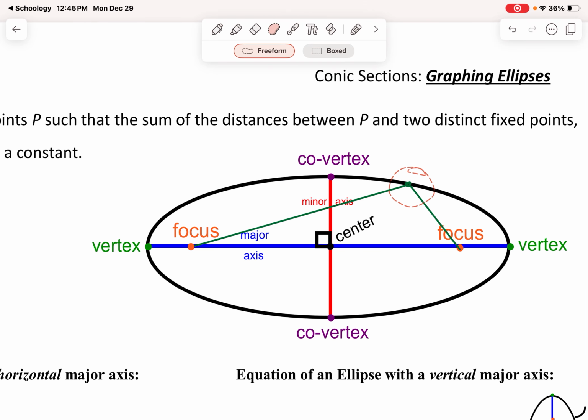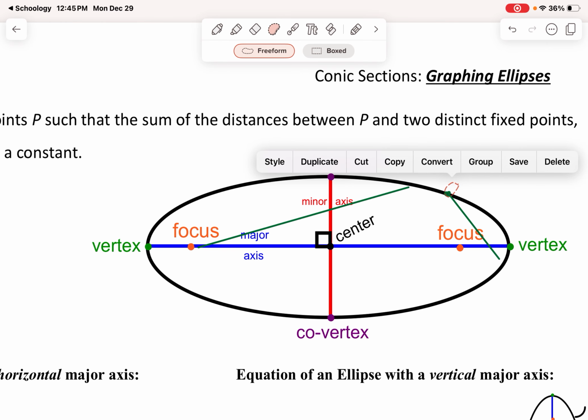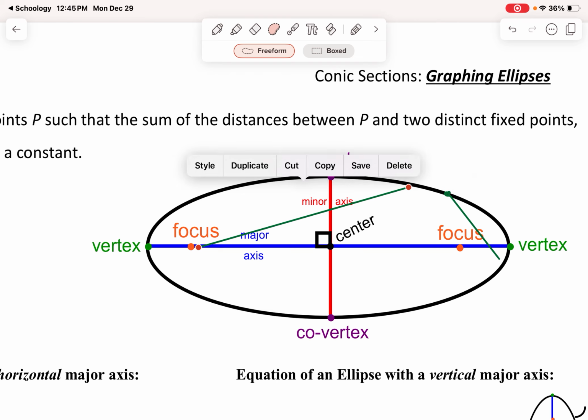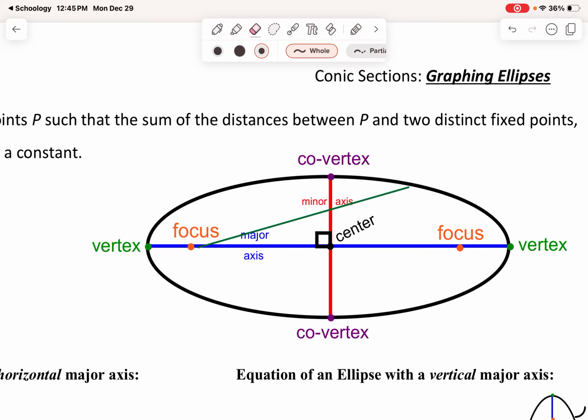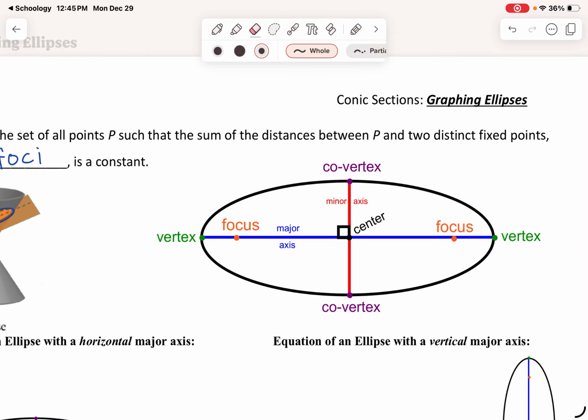If I start moving this point here, and you connect those two distances to each focus, the sum is always going to be the same. I could easily show you that using something else, but I'm going to keep babbling and erasing what I drew on this. Okay, so that's how an ellipse is formed.